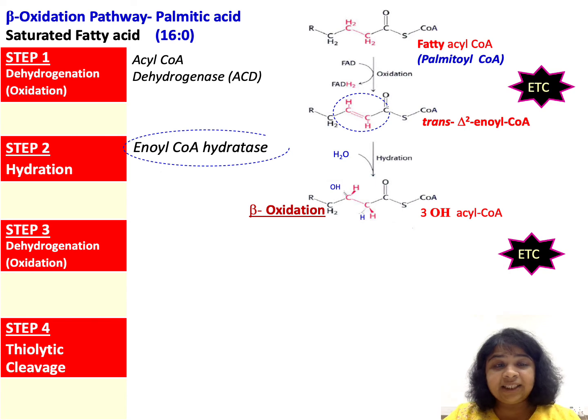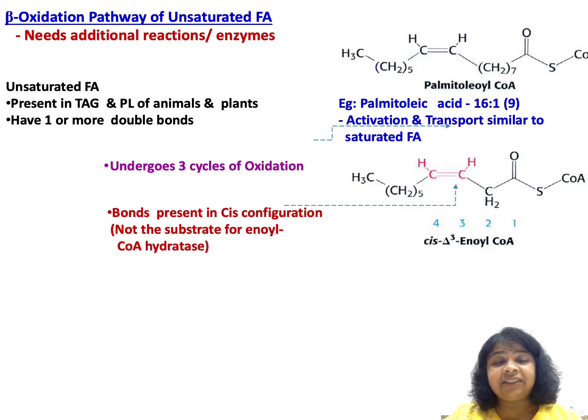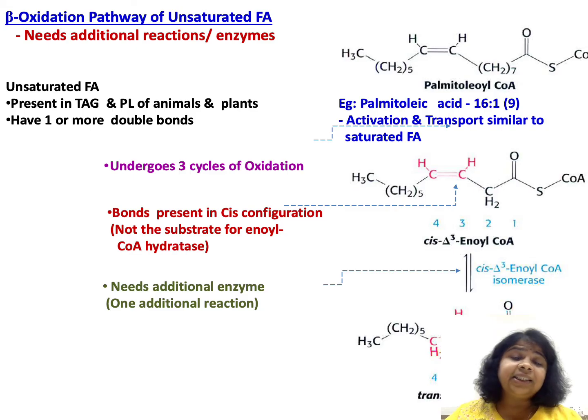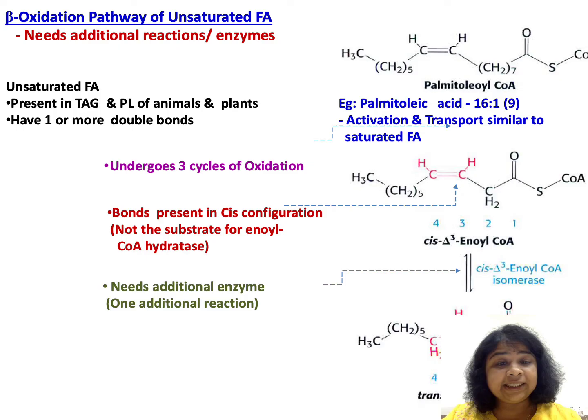If you see here, this is a trans double bond that was present, whereas we have a cis double bond that is seen here. So, now we need some other enzyme to convert the cis into trans double bond. That is an isomerase. This isomerase will now convert the cis into a trans double bond and beta oxidation can continue.